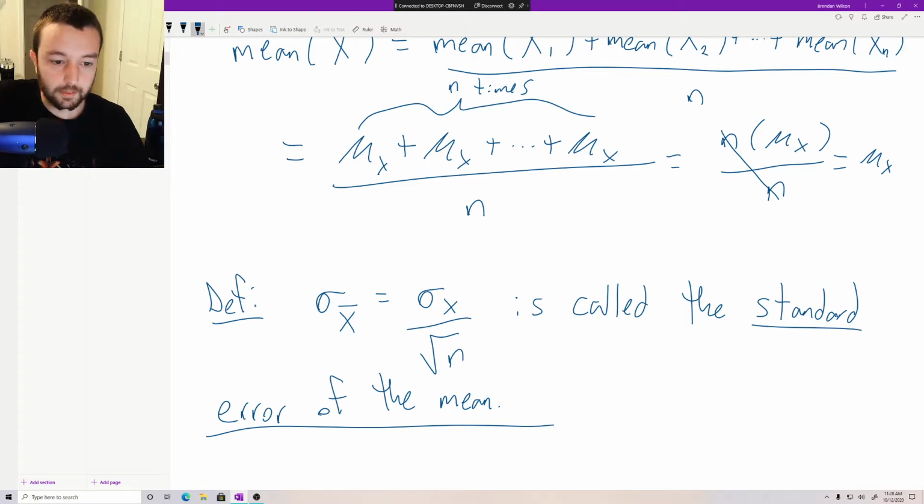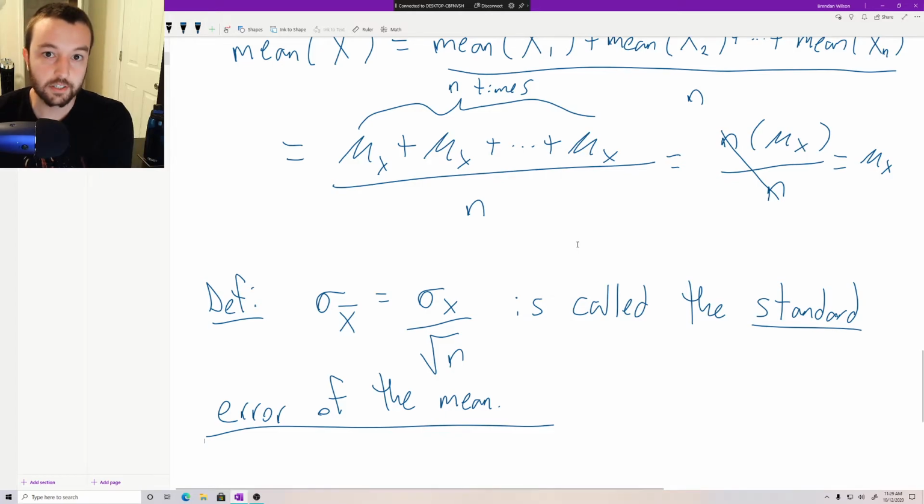We'll get into that later, but this is called the standard error of the mean. So we'll see this a little bit more later, how this is used. But just keep in mind that there is a way for us to calculate numerically what the error of something is. Okay. So we'll be able to predict exactly how accurate our predictions are.